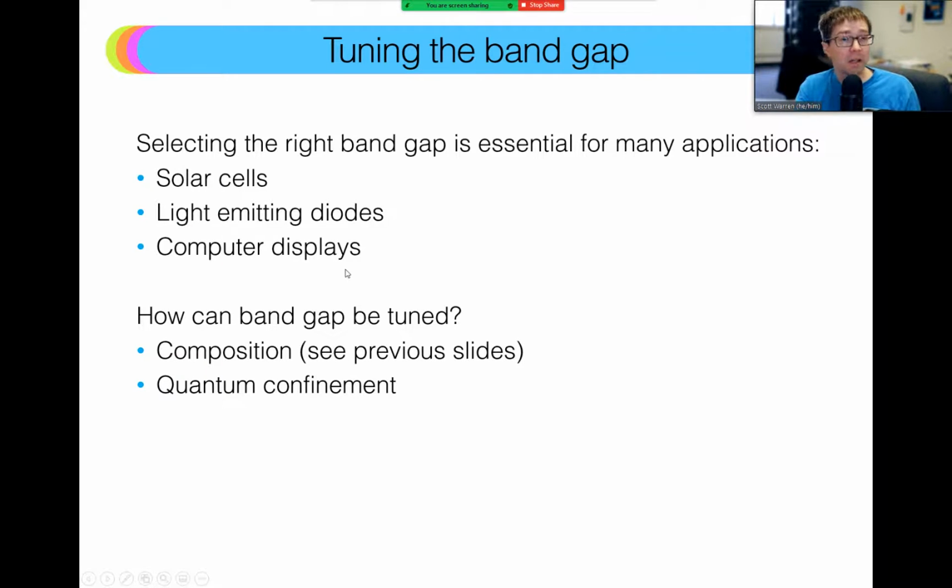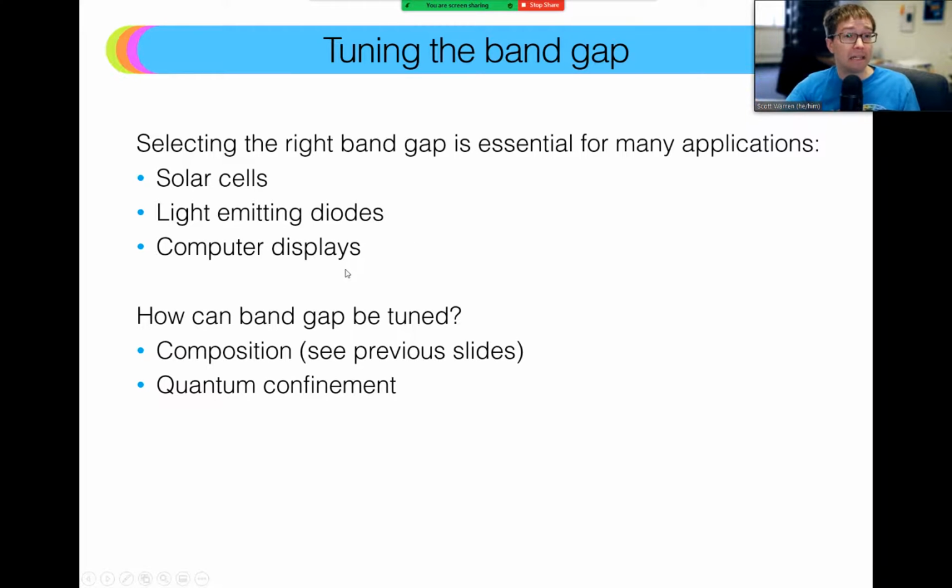Light-emitting diodes are another application where rather than absorbing light, we want to emit light. And as you know, the color of light that might be emitted from a light can be subtly different. Oh, this light is really blue, looks bad. Oh, this light is a little bit warmer, more orange or red, more pleasing. So that balance of color in emitted light is really important for applications.